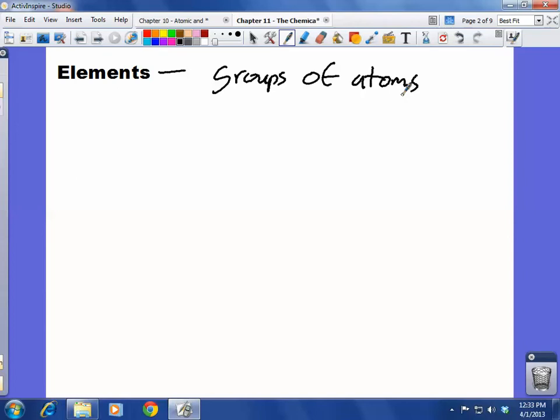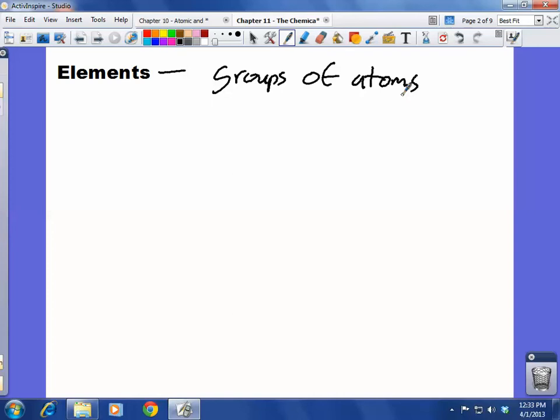So the element carbon would be composed of individual carbon atoms. The element iron would be composed of individual iron atoms. And so on. Same with everything on the periodic table. So an element, we just say, is a group of one type of atom. Not so bad, right?